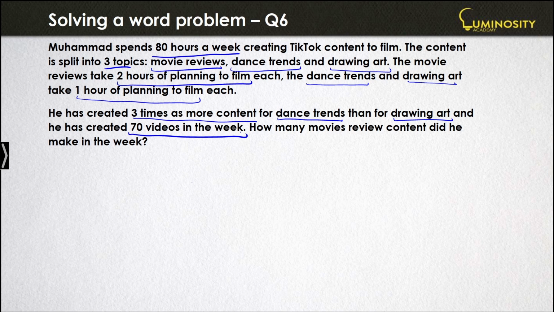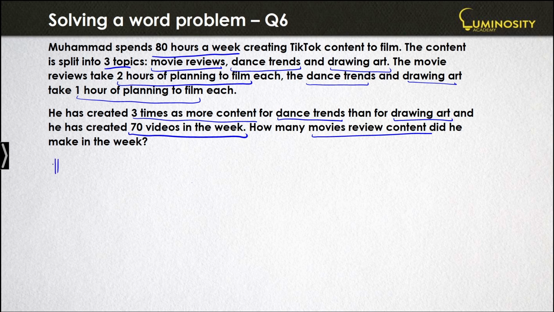So we want to find the number of videos for TikTok that he made for movie reviews. All right, there's a lot of information to unpack here. We've read the full word problem, and the final part asks us to find the number of movie review content that he makes. Let us assign the variables as follows.